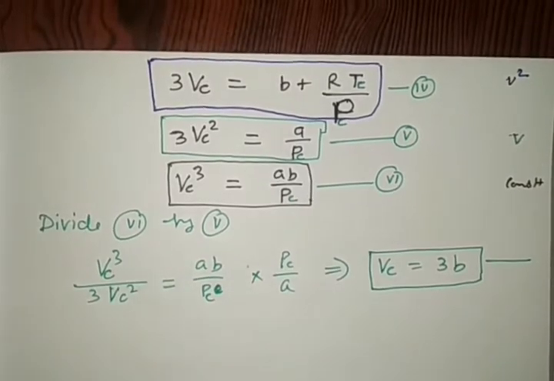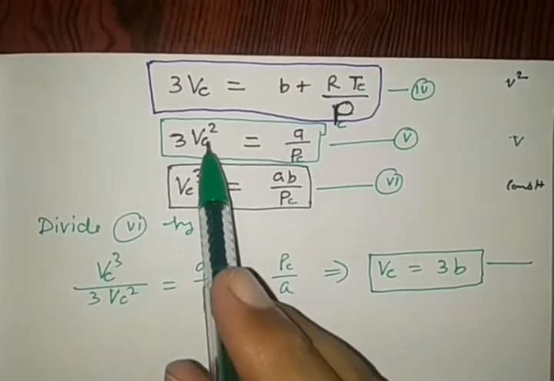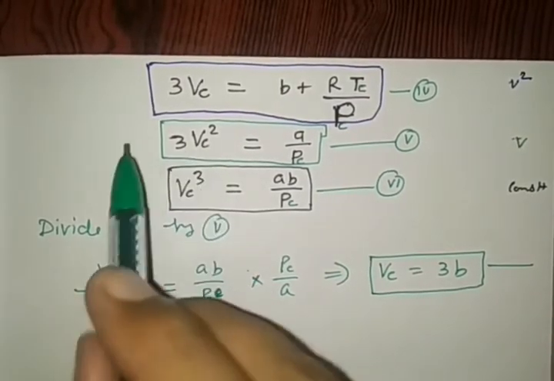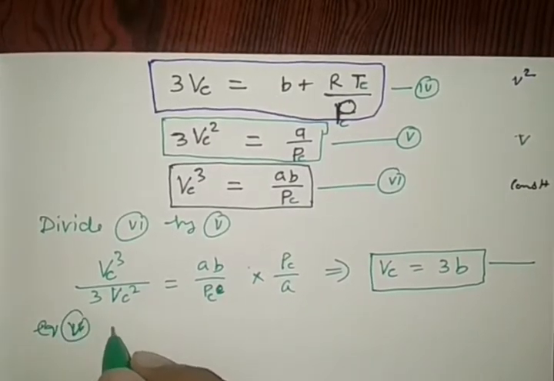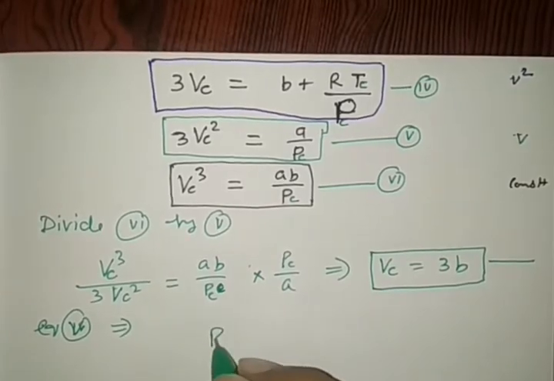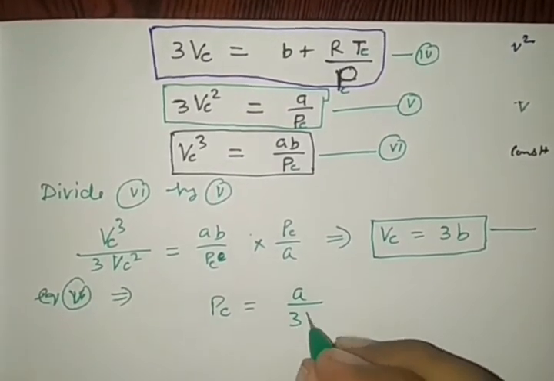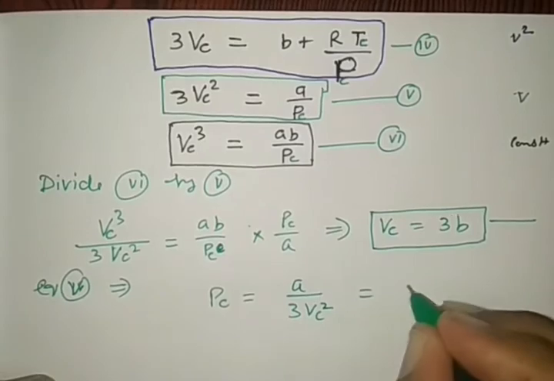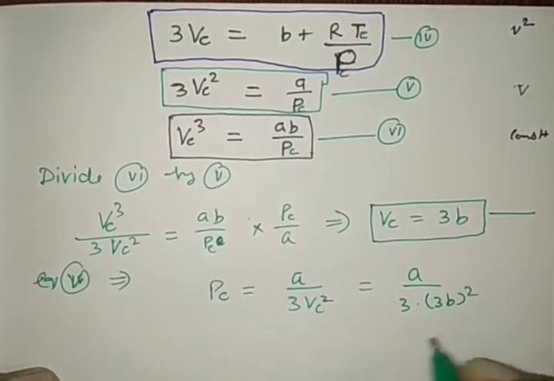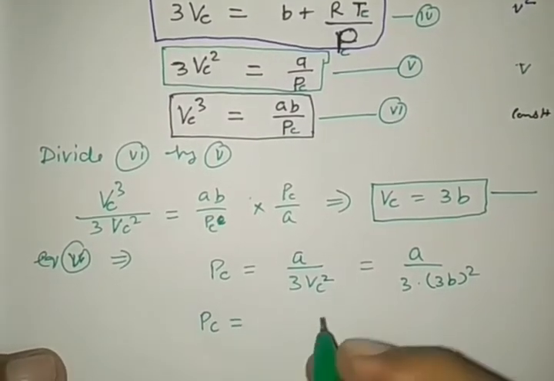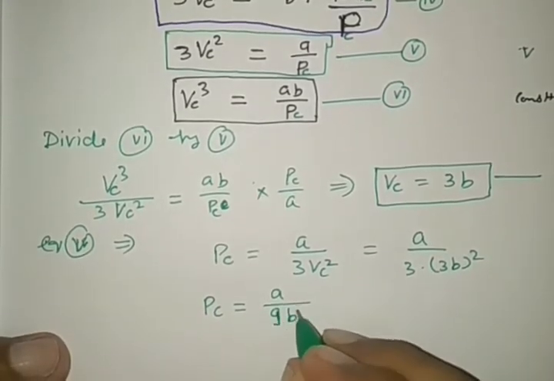Now we are going to put this value in equation 5. In equation 5, Pc can be written as A by 3 Vc square. So it is A by 3, Vc is 3B. So Pc can be written as A by 9B square.